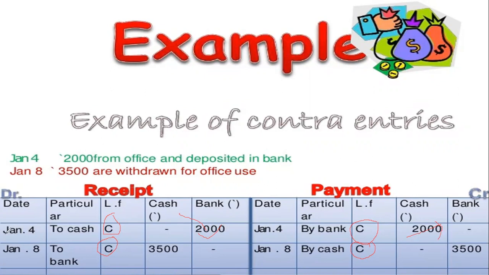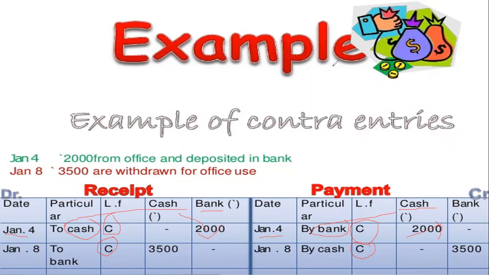And the same date is mentioned in the date column. Column is bank, the effect in the particular is cash. Here column is cash and the effect in the particular is bank, and it is denoted by the letter C.